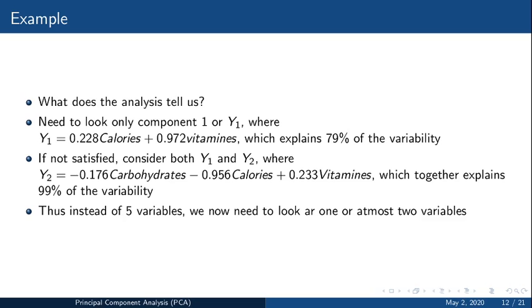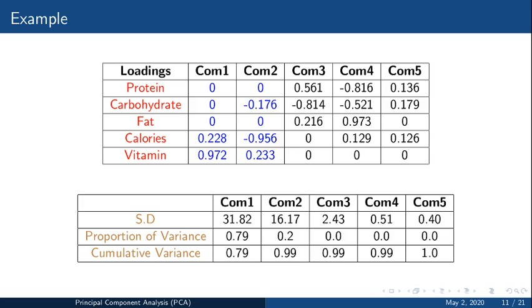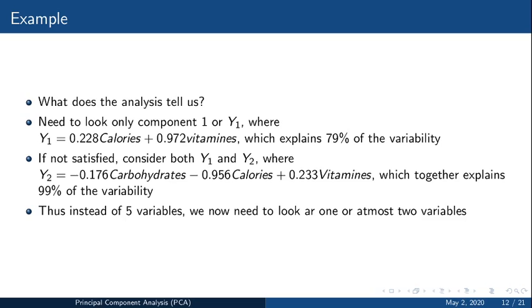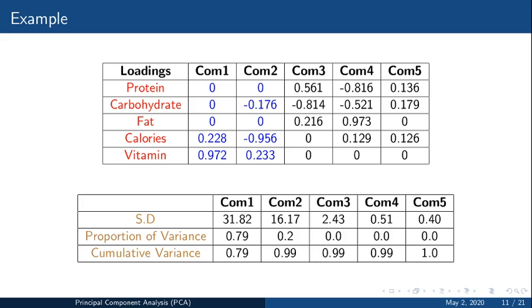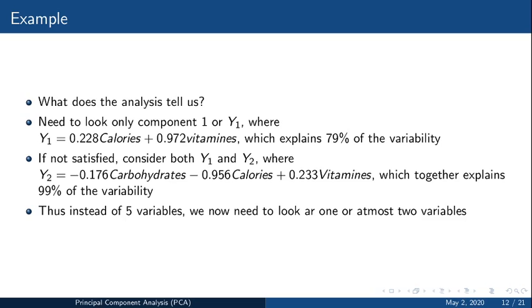What does this analysis tell us? See, you look at component 1, y1, which is equal to 0.228 calories plus 0.972 vitamins. The other values are zeros. Protein, carbohydrate and fat are zeros, which explains 79% of the variability.